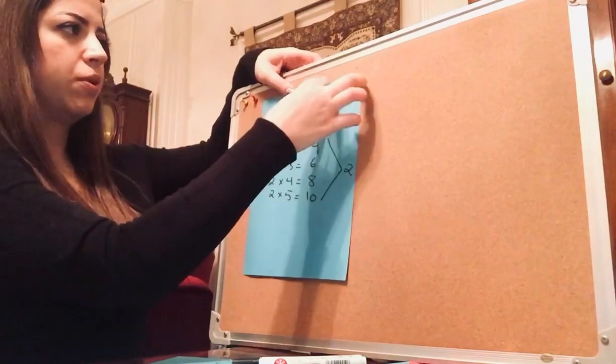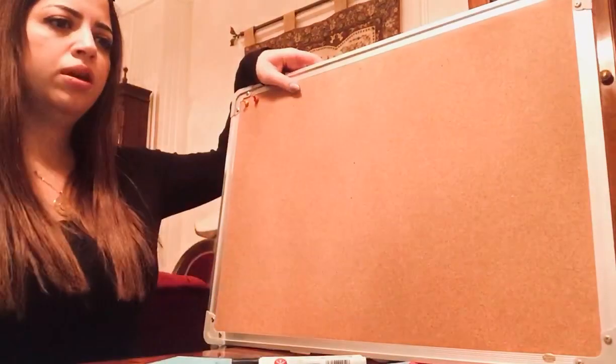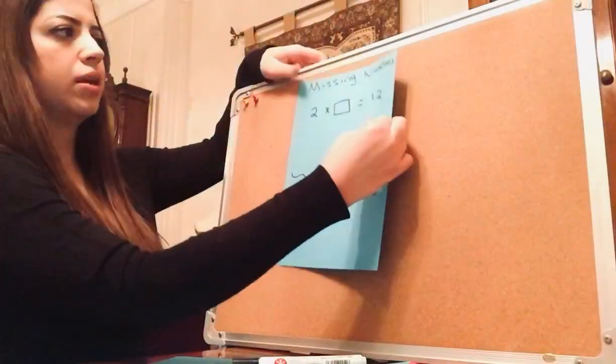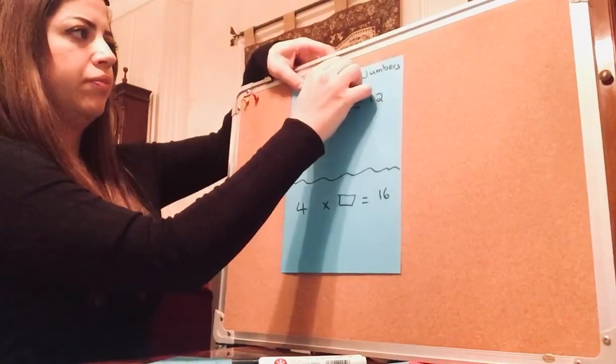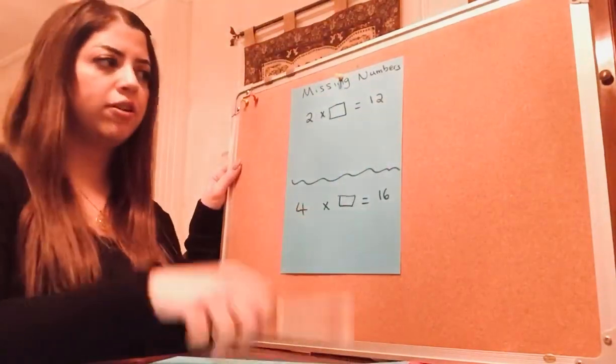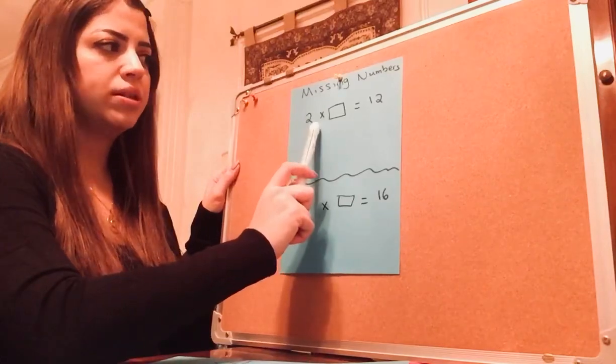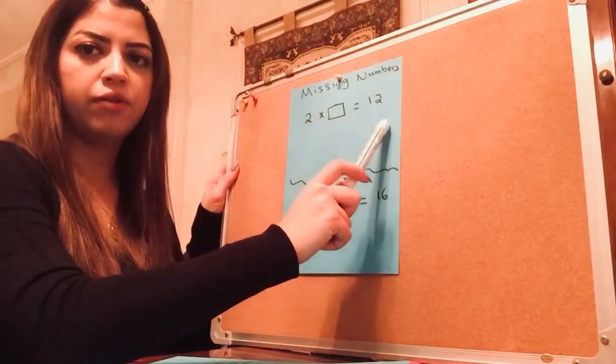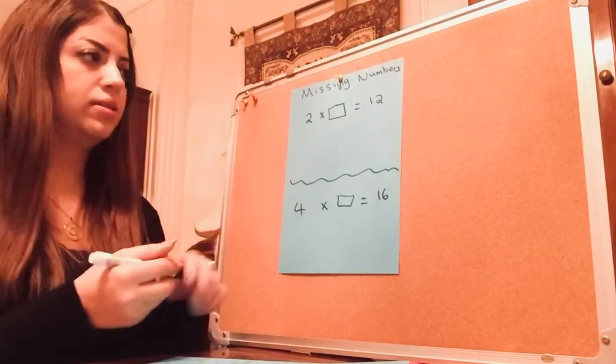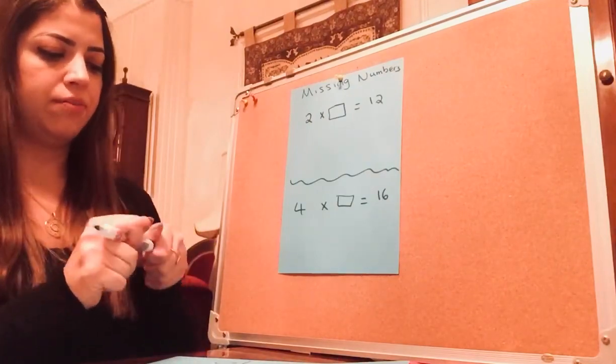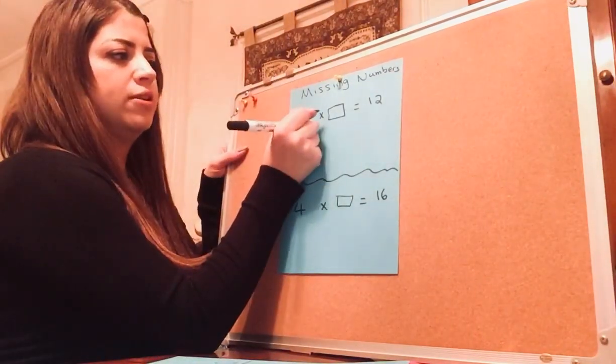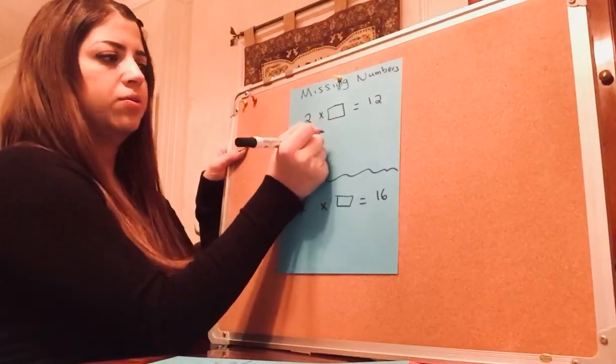The next concept we're going to be talking about right now is missing numbers and multiplication. Here, I have 2 different problems. My first problem says 2 multiplied by a number is going to give me 12. Now, one way to solve this is we look at the first number. Remember earlier when I said the first number is the number of groups? What I can do is I can model it.